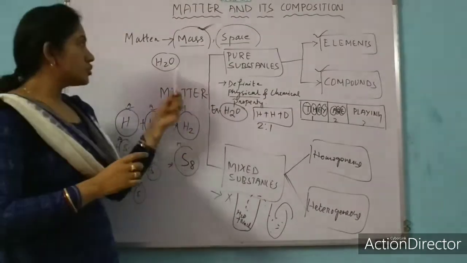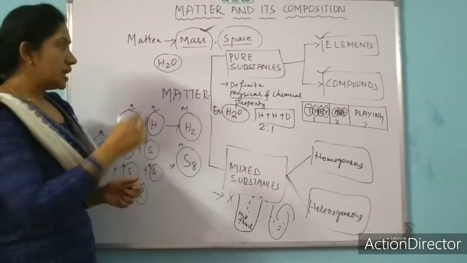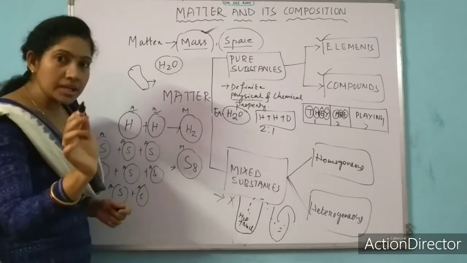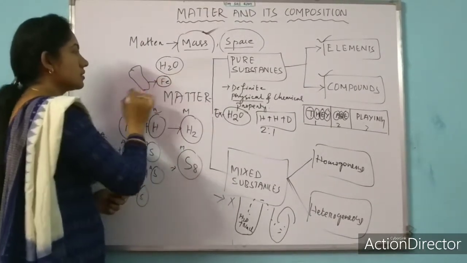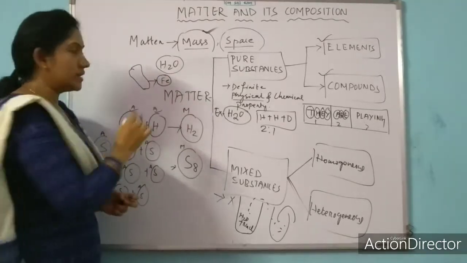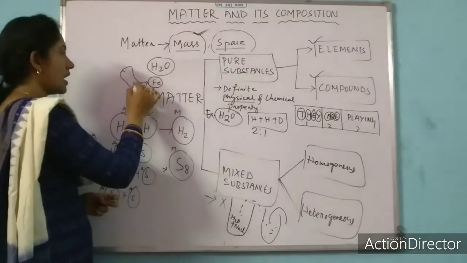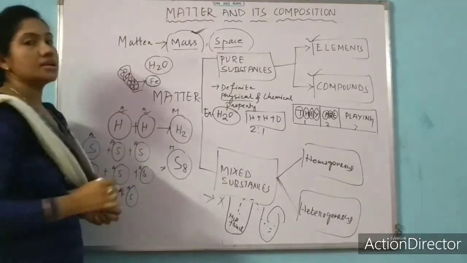Because H2O contains 2 hydrogen and 1 oxygen. But if I take a piece of iron, it will contain only what atom? Iron, Fe. It will contain only iron atoms in it. These are the iron atoms. So we can call this an element.